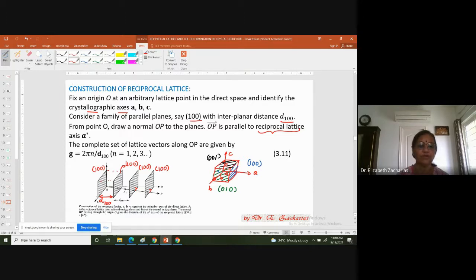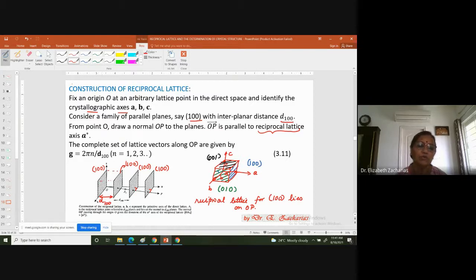Therefore, the reciprocal lattice for this family of 100 lies on OP. That's what we have been talking about. There will be one point lying on OP, and that one point is going to represent this family of 100 planes.